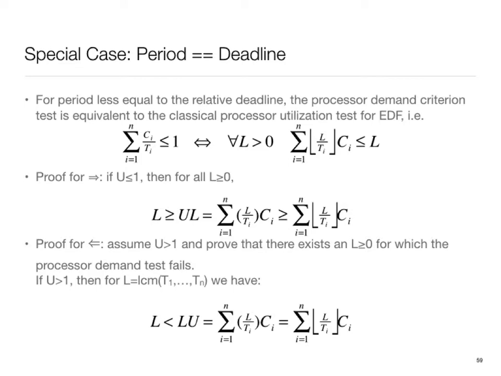There is a proof step for both ways, but I'm not going to walk through it. But this is where the EDF schedulability followed. So for the case of deadline equal to period, saying that at every time horizon demand is less than or equal to available time translates into saying that the load on the processor is less than or equal to 1. And just playing with some ceilings and floors, one can show that.